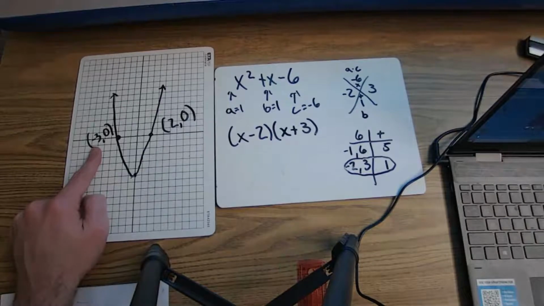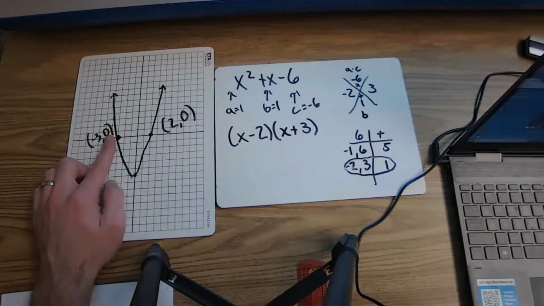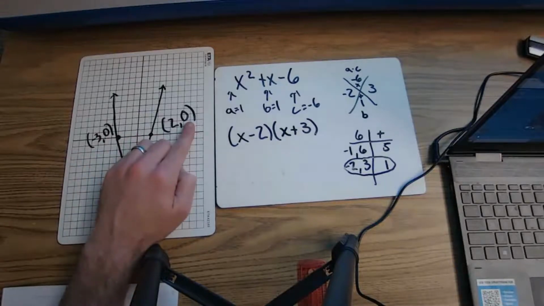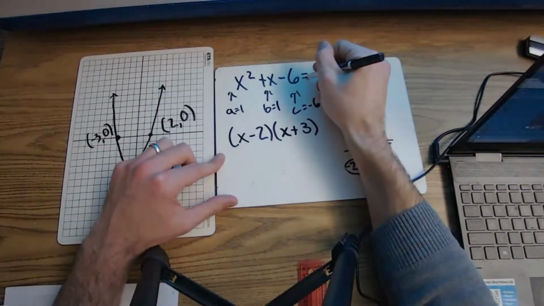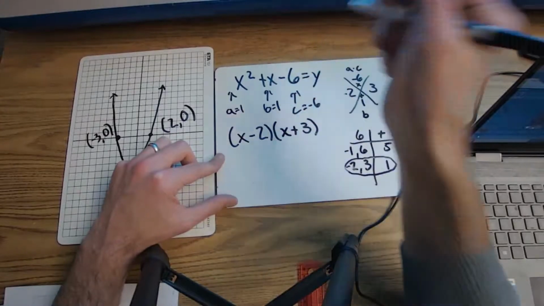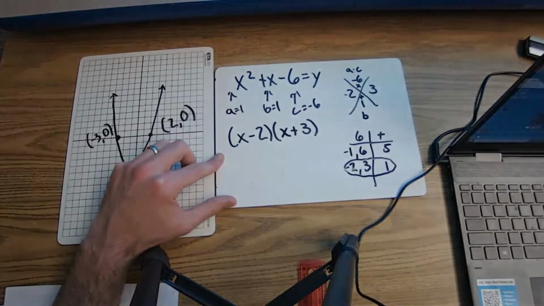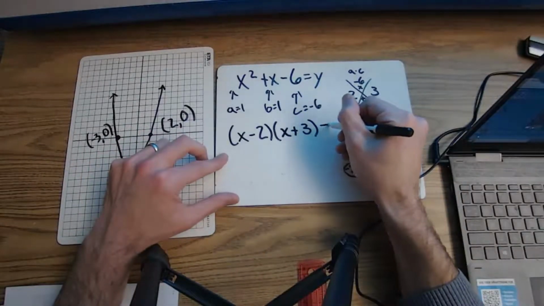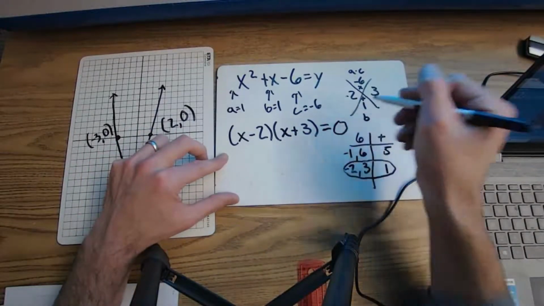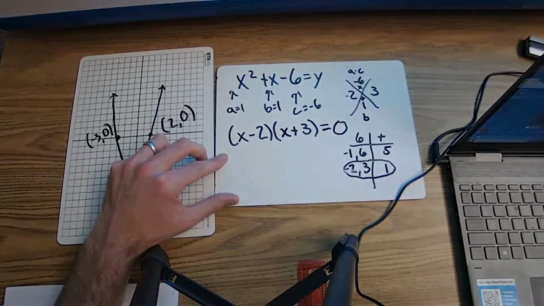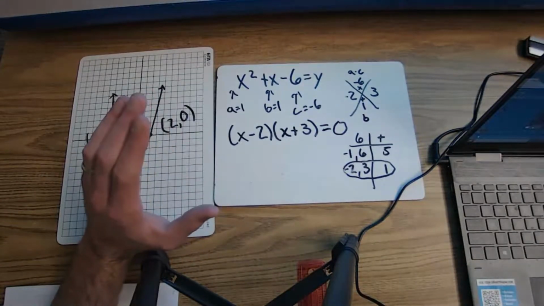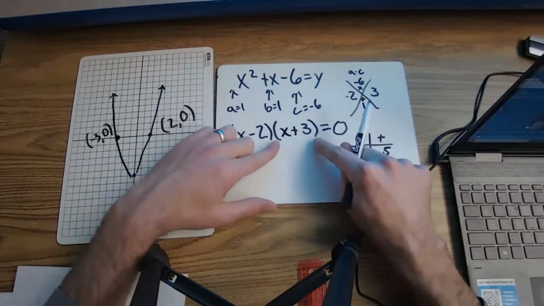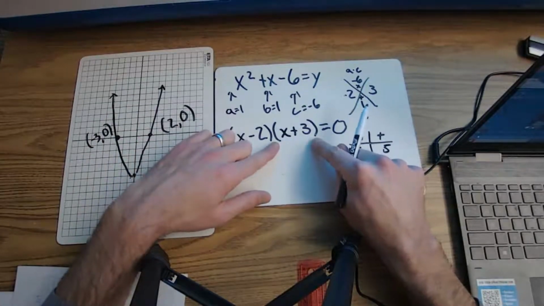Why is that? Well, you can see that for each one of my x-intercepts, it's where it equals 0, okay? And remember, this is basically the equation where it equals y, right? And here we see y is equal to 0. So if I take these equations and I set them equal to 0, I can figure them out. And it's actually not too hard to do, because notice, these are being multiplied together.